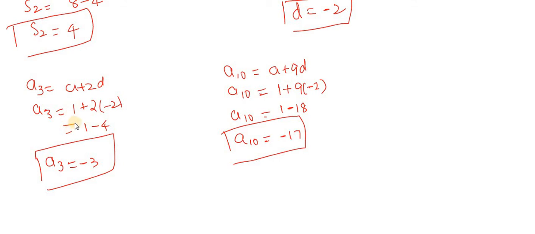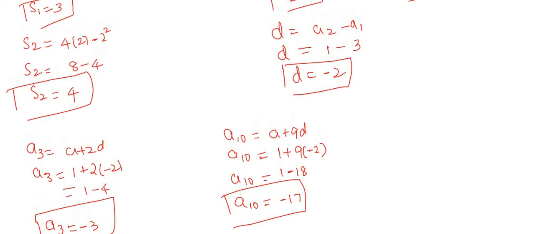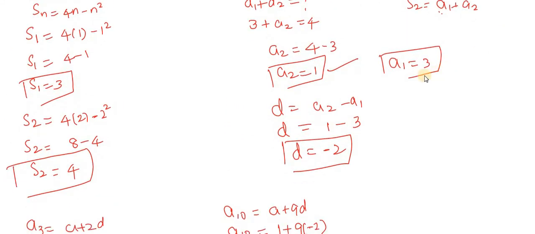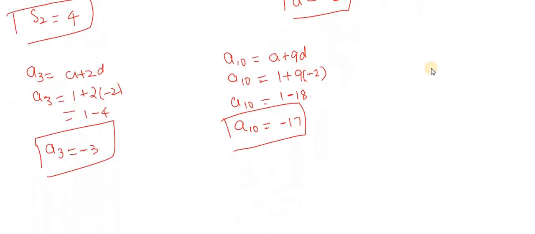Dear students, sorry, I made one mistake here. In place of A, I need to place 3, because the A1 value is 3, and by mistake I wrote A1 as 1. I'll change this now.